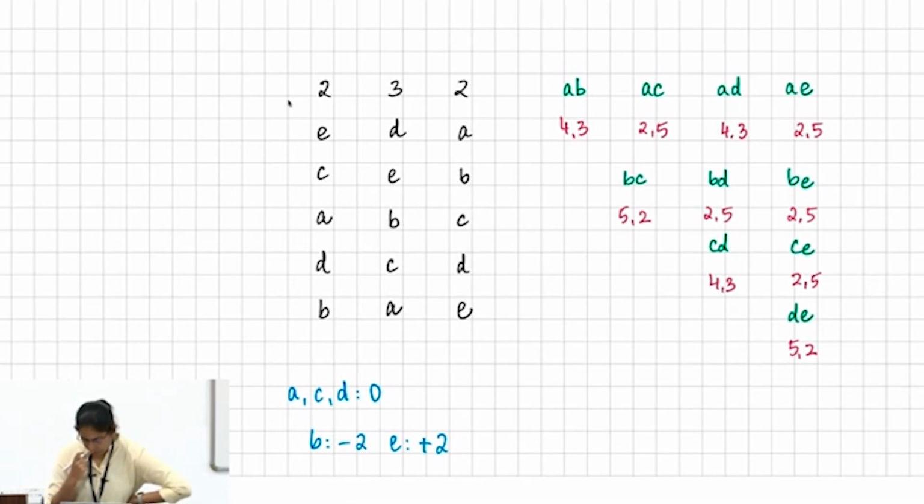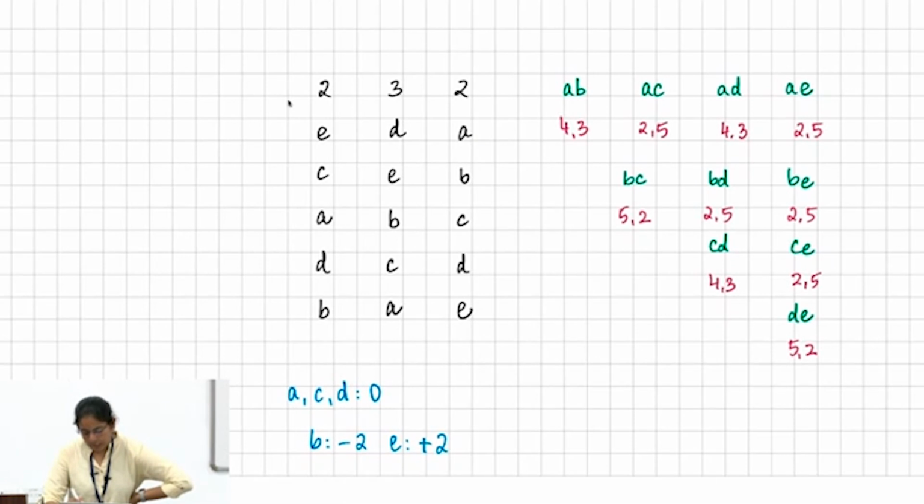This is because, if you look at E, the notation here is that between A and B, A wins over B. So 4 voters prefer A to B and 3 voters prefer B to A, sorry. Between A and C, 2 voters prefer A over C and the remaining 5 voters prefer C over A. That is the notation here.